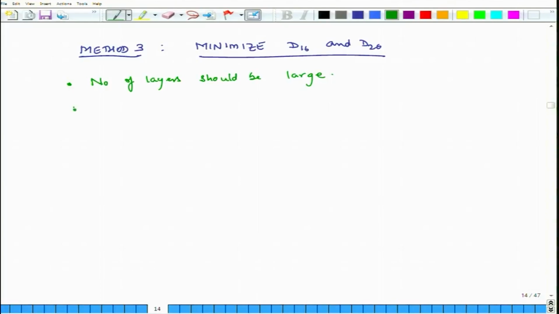Second, for each layer at theta, we put another layer at minus theta, but not on the other side of the midplane, but rather adjacent to it.